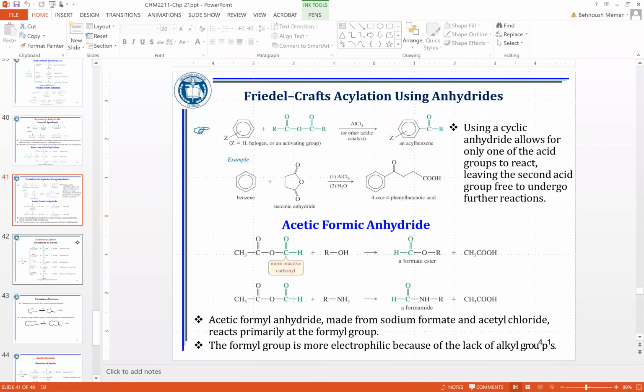You could also do Friedel-Crafts acylation using the acid anhydride. The benefit of acid anhydride is that it provides 2 acyl groups, so it's better to use the acid anhydride, but only 1 acyl group at a time is going to work.